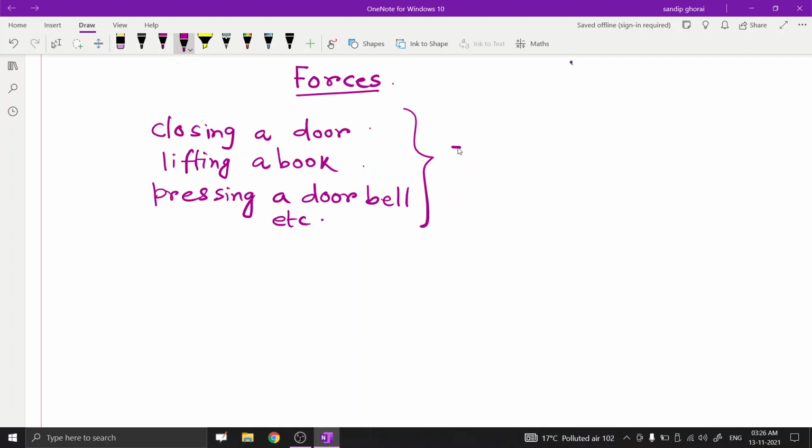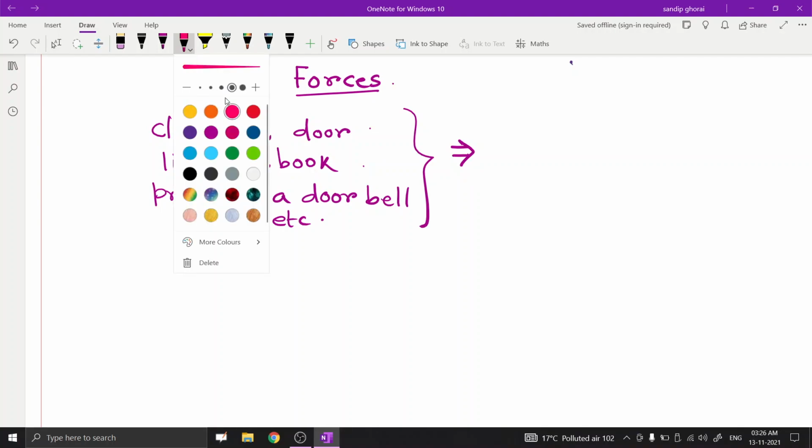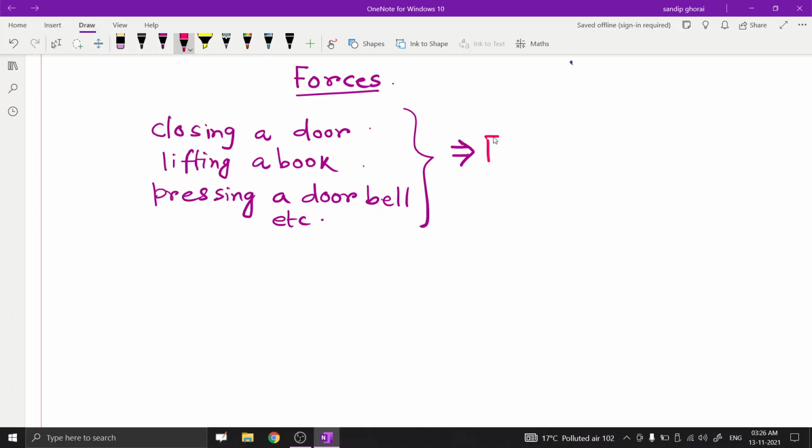Force is required in these cases. So in our daily life, we have already used forces to do different types of work or different types of action.